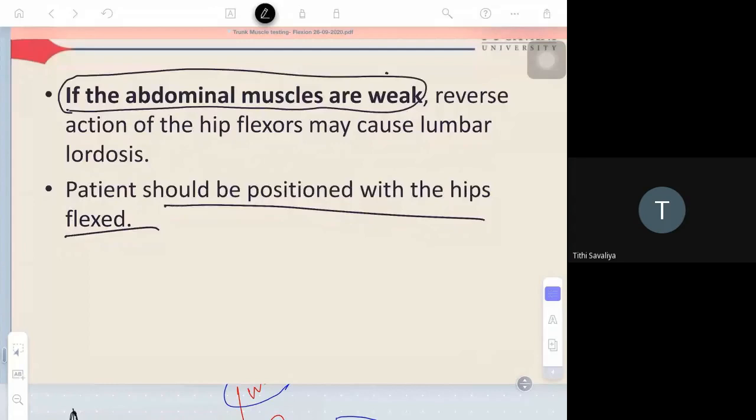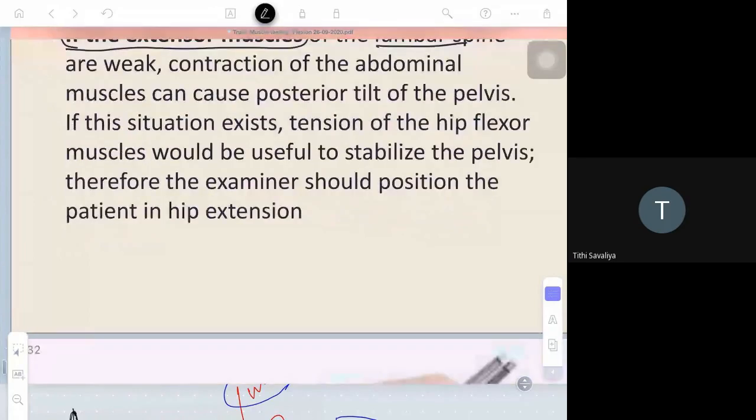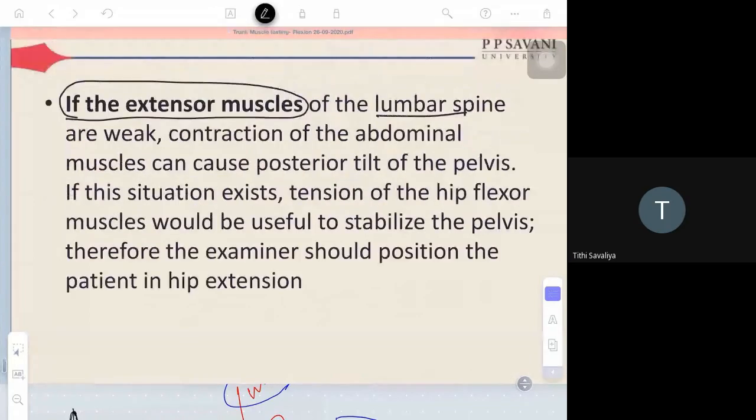Now the last slide. If the extensor muscles of the lumbar spine are weak, now listen carefully.